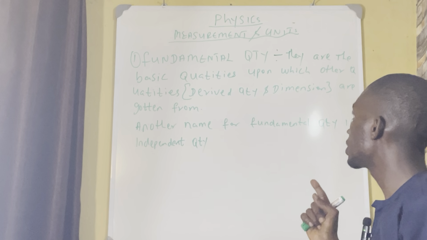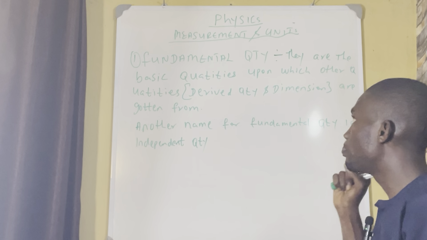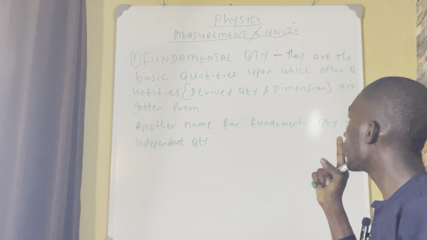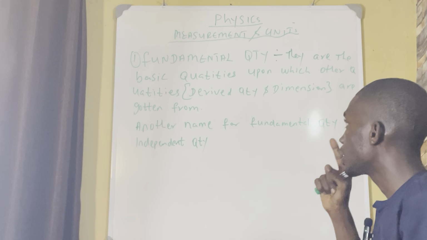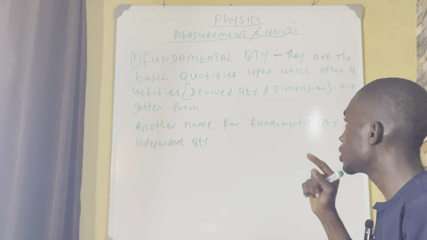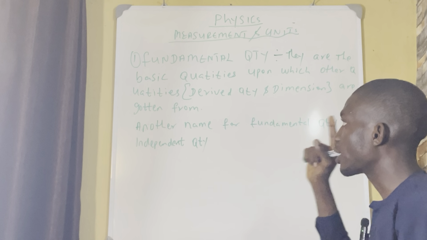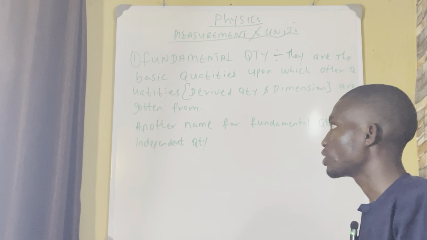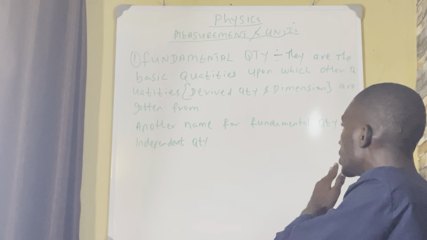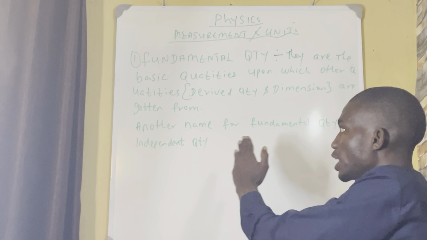So fundamental quantities are the basic quantities upon which other quantities, examples like the derived quantity and dimensions, are gotten from. Do you understand? So another name for fundamental quantity is independent quantity.